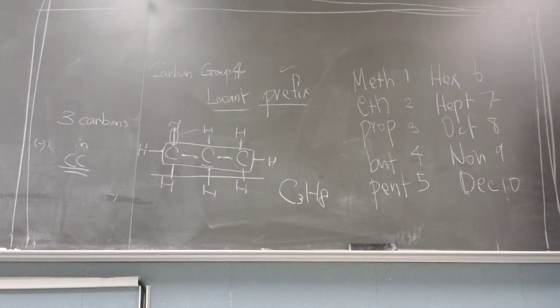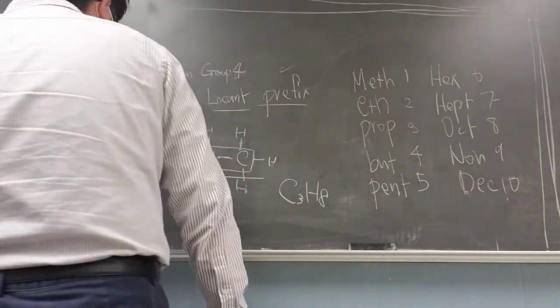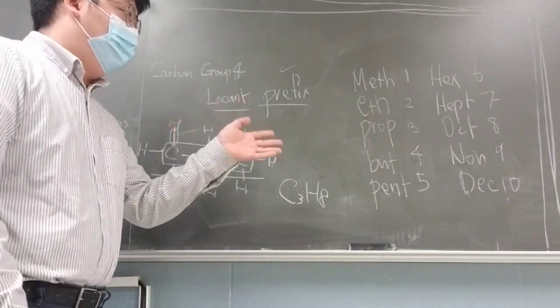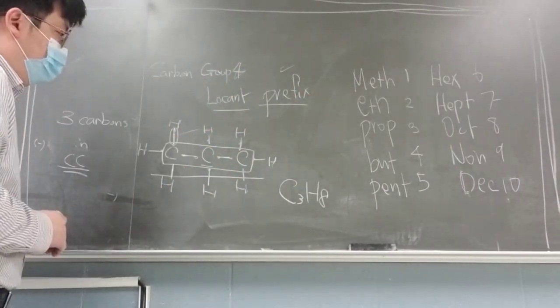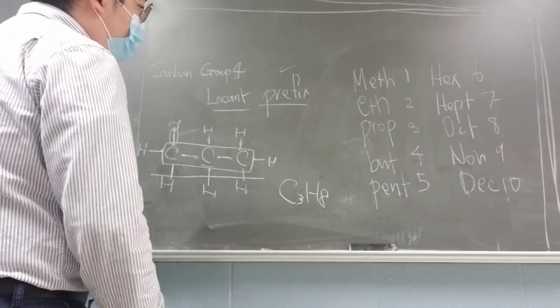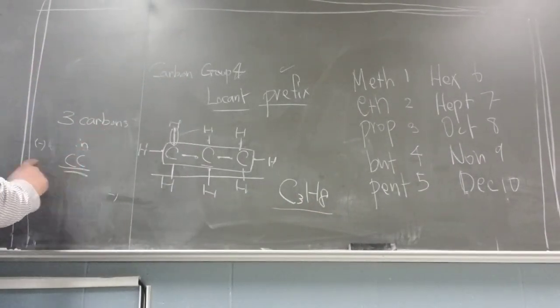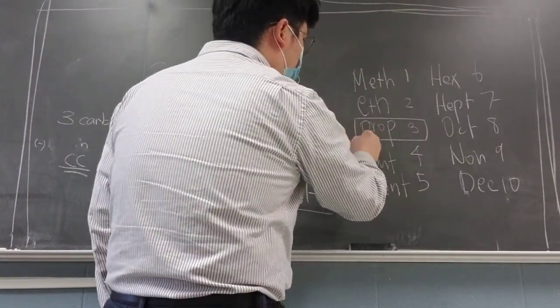Okay. So there are more names for numbers bigger than 10, but you don't have to know. Is it the undecane, dodecane, icosane? You don't have to know. Just up to 10 should be good enough for most chemical formulas. So if that is the case, you find the 3 carbons in the carbon chain, and you just need to pick this name, prop, right?